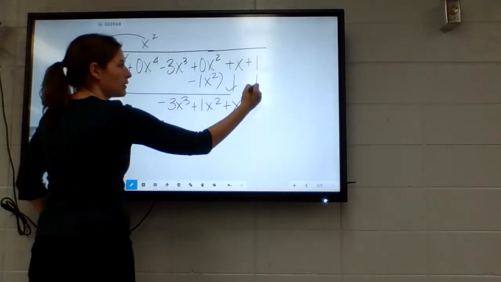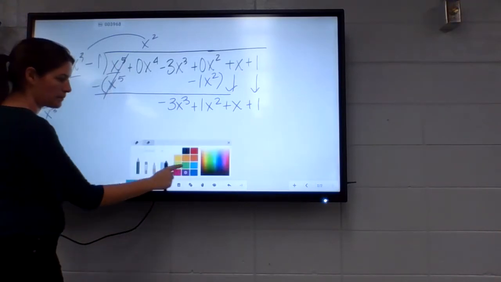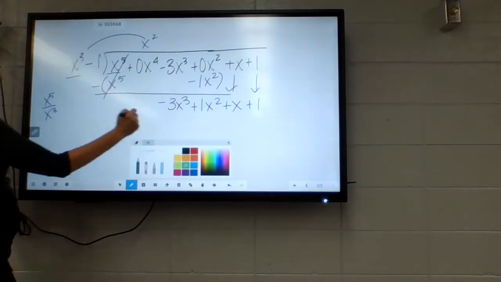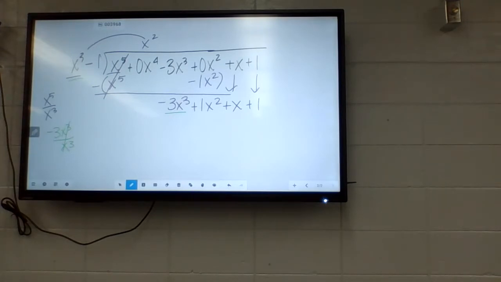Doesn't really matter. Now we're going to do this another time. So now I'm going to divide this by that. If you're subtracting a negative 1, it should be positive. Wait. Never mind.